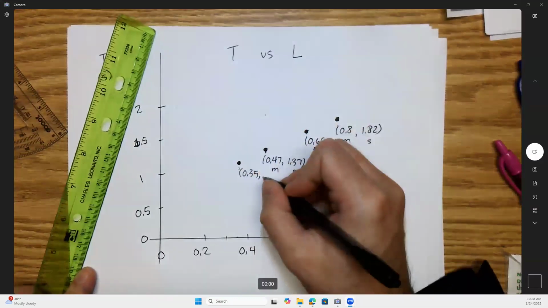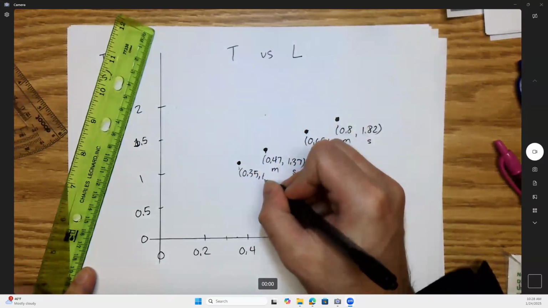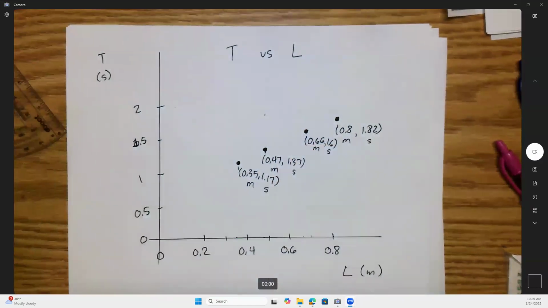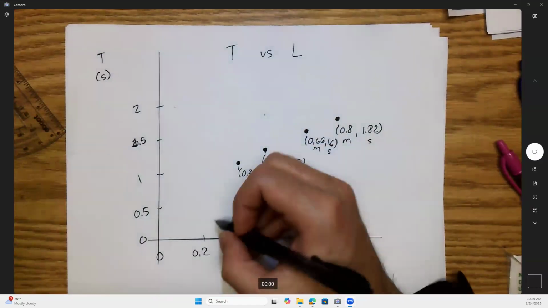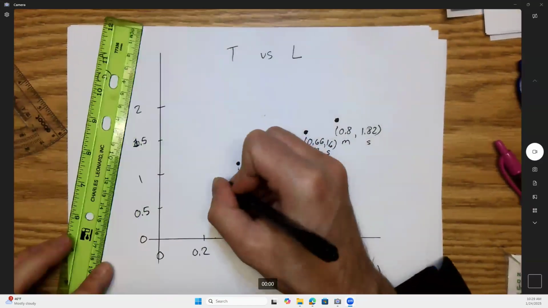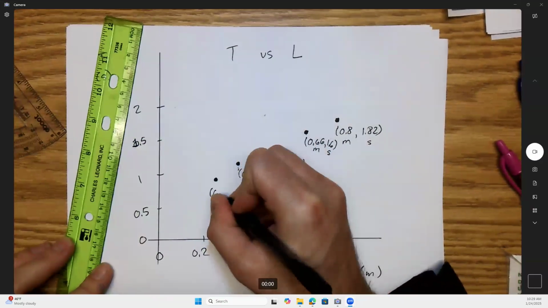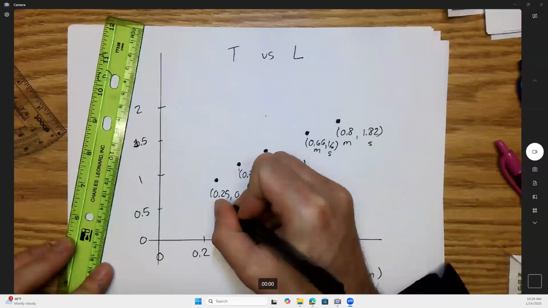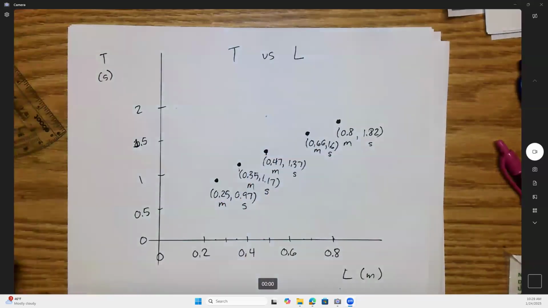Sorry, say it again. 0.35 and 1.17. All right, meters, seconds. You have a fifth point. Yes, and it's 0.25 for the length and 0.97 for the time. Got meters, seconds.